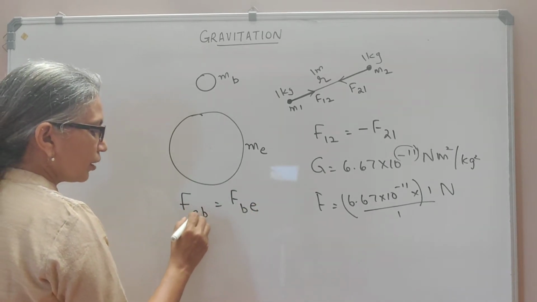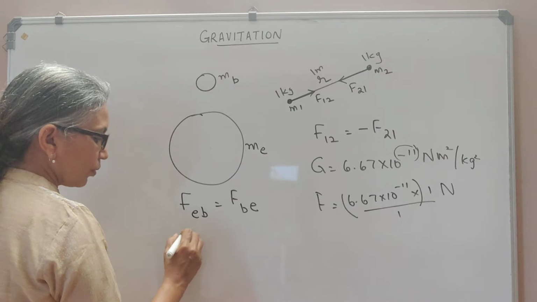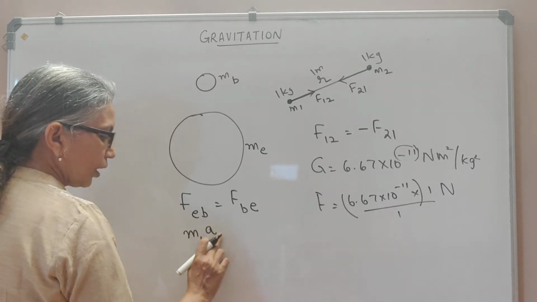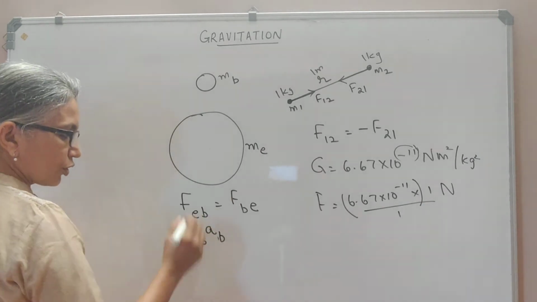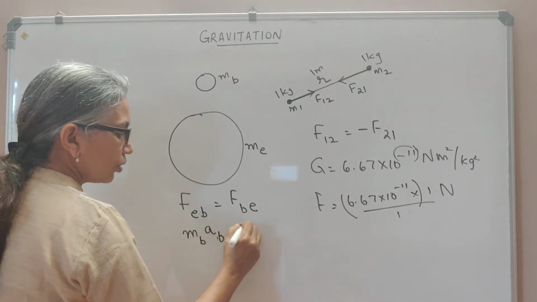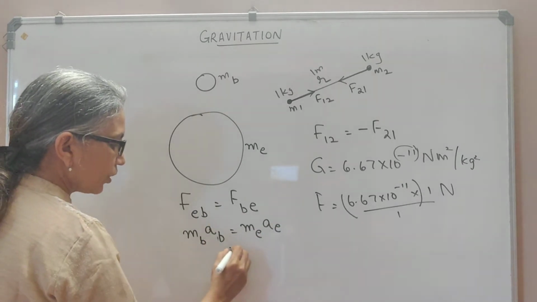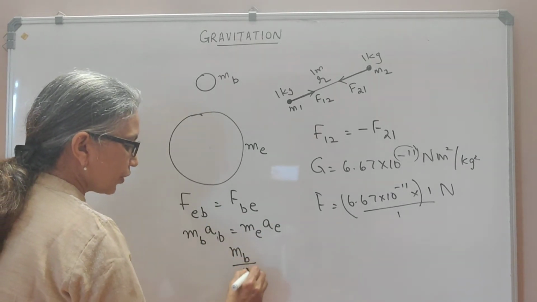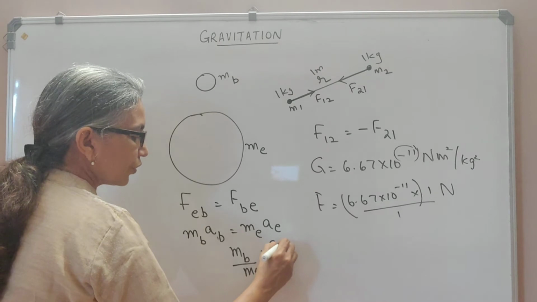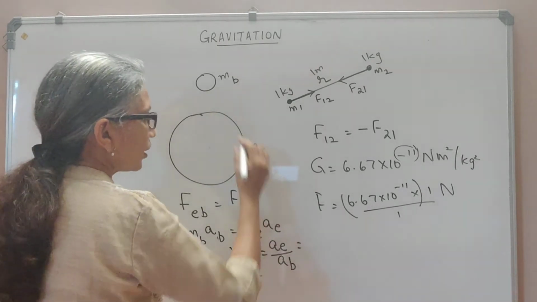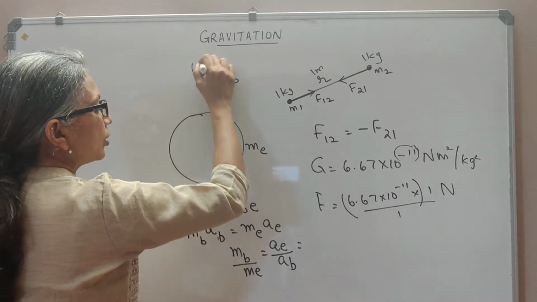So force on the ball, m_b × a_b, meaning mass into acceleration being force, equals mass of the earth into acceleration of the earth, which tells you that mass of the ball by mass of the earth is acceleration of the earth by acceleration of the ball, inverse proportion. Let's take this to be 6 kilogram.